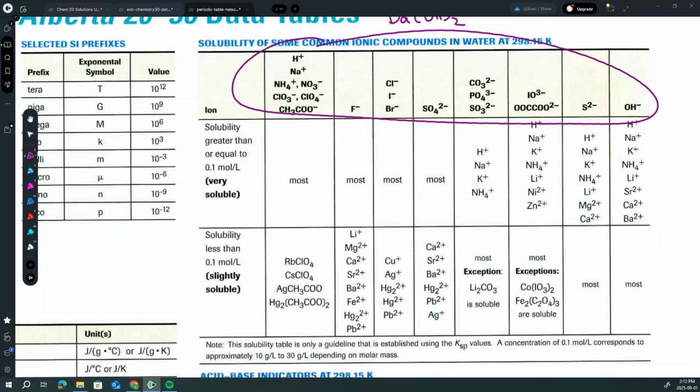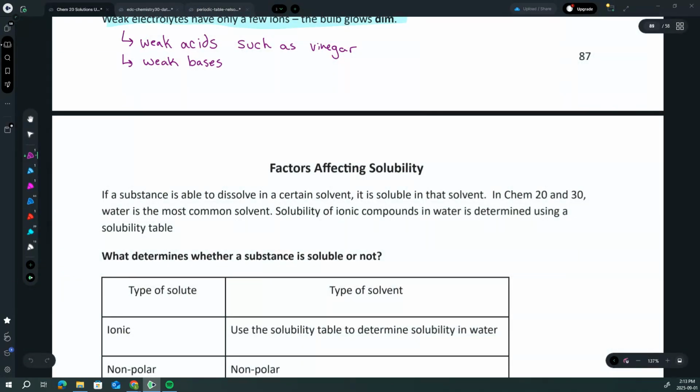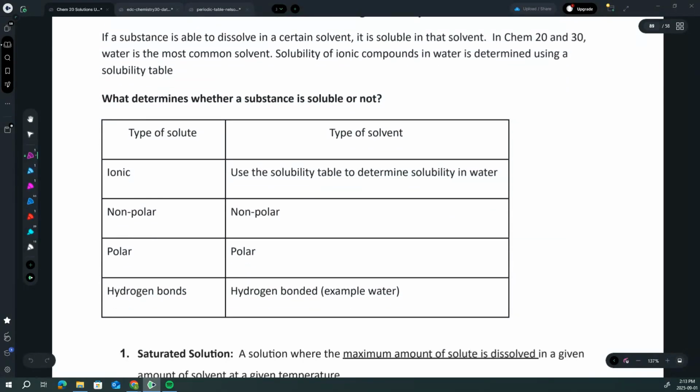You find your anion first in the top row here, and then you figure out if your cation is either in the second row here or the third and last row. Okay, so that's how you use a solubility table to determine the solubility of ionic compounds.